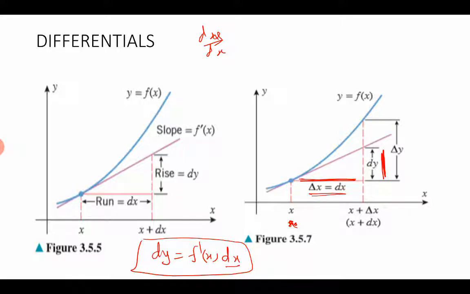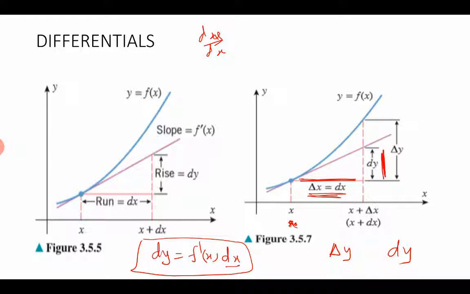Now, it is important to understand the distinction between delta y and the differential dy. To see the difference, let us assign the independent variable dx and delta x the same value. So assume that they are equal. And then what do you mean by delta y now?